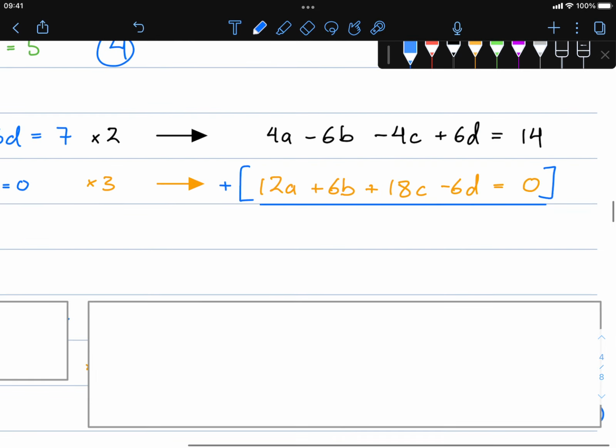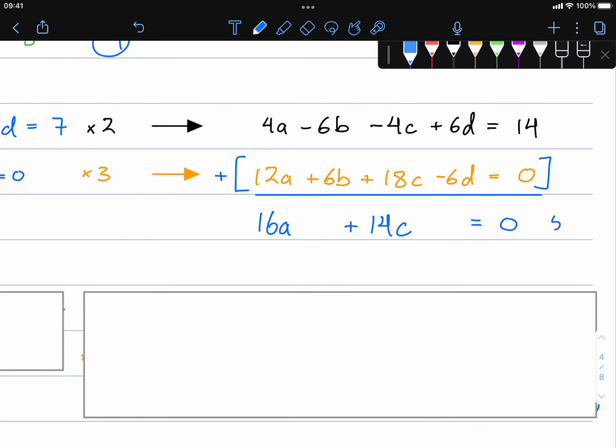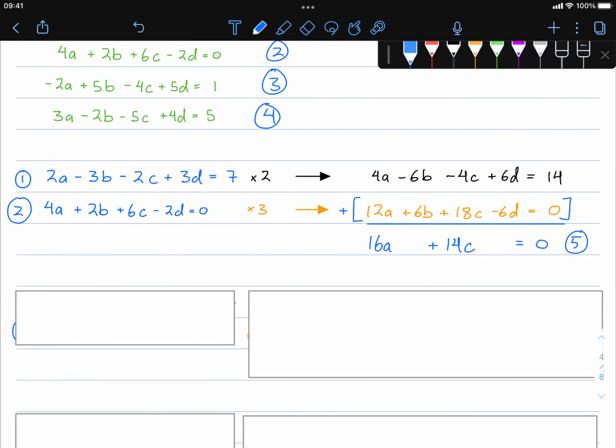Adding everything, we get 16a. These two will also get eliminated, so we just leave it as a space. Negative 4 plus 18 is 14c. 14 plus 0 is 14. So I'm going to label this equation 5.